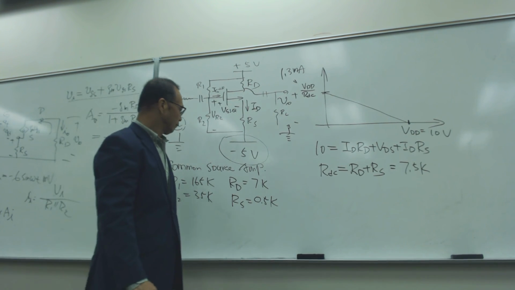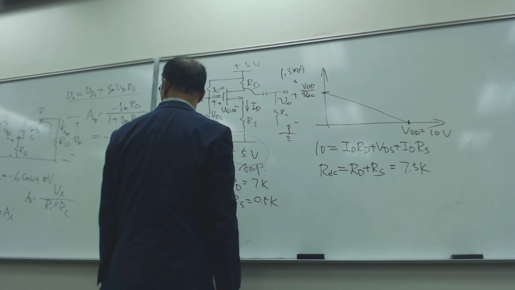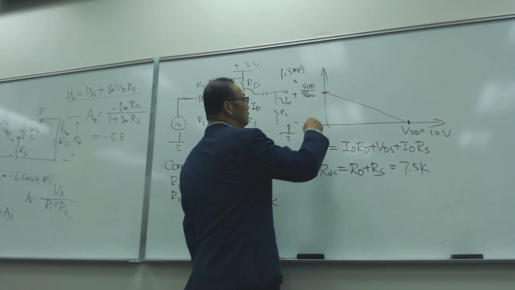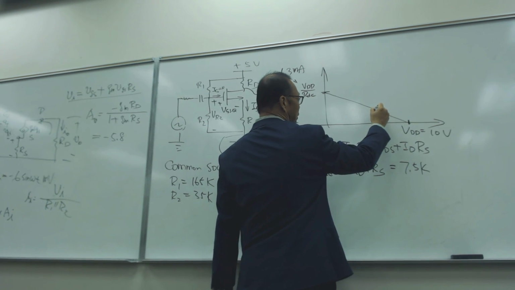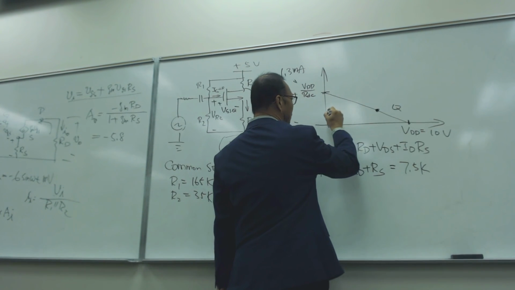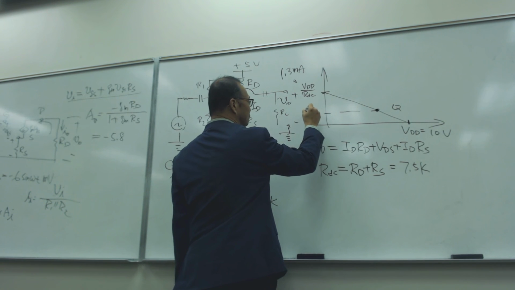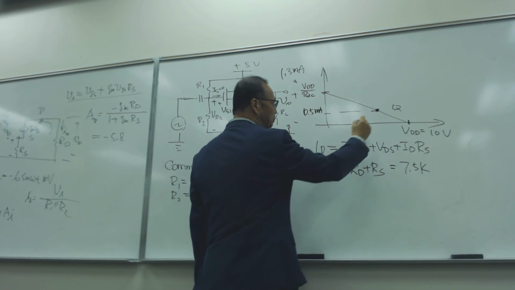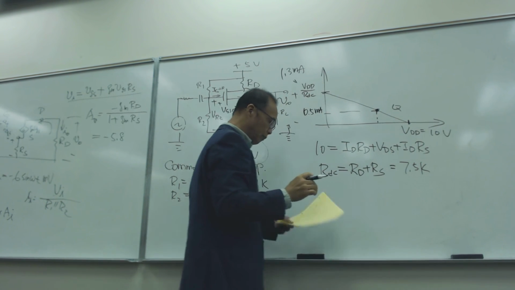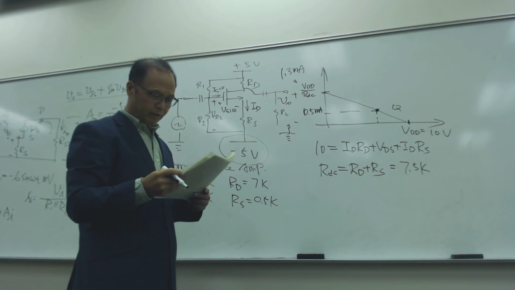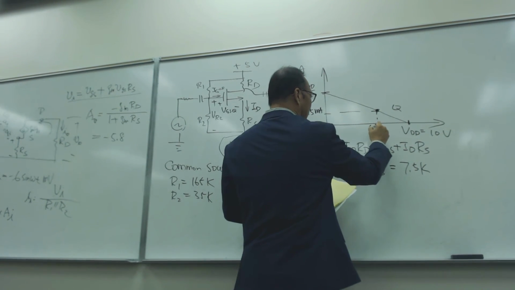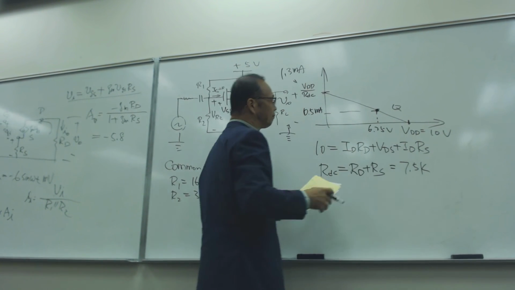The Q point. What was IDQ we found? 0.5, right? 0.5. So this is 1.3, so it's a little lower. So the Q point, IDQ is 0.5 milliamp, right? That's IDQ. And VDSQ, 6.50, right?